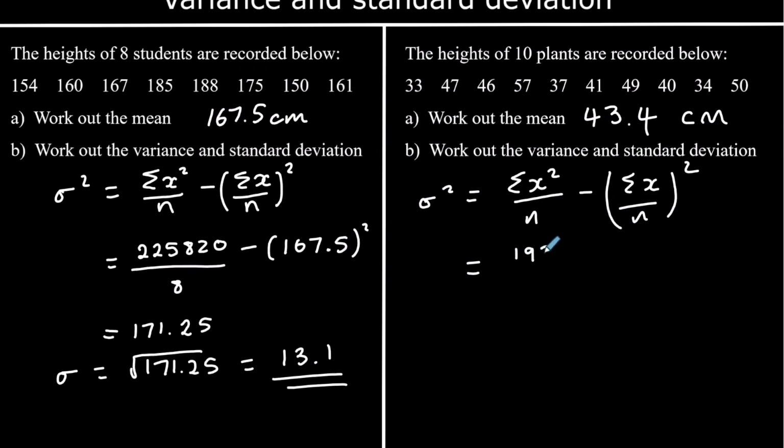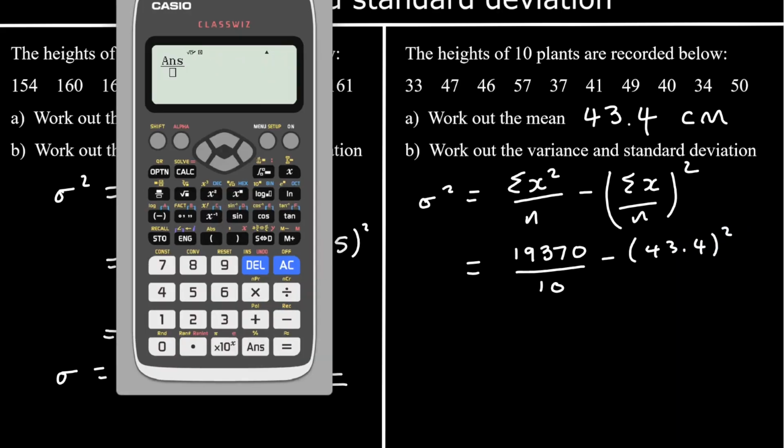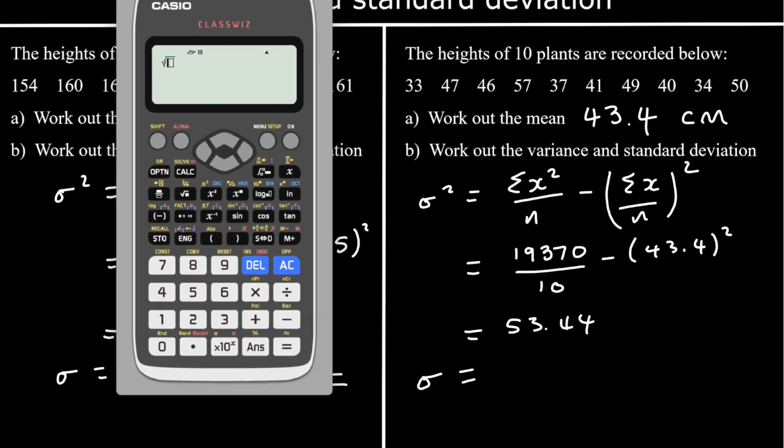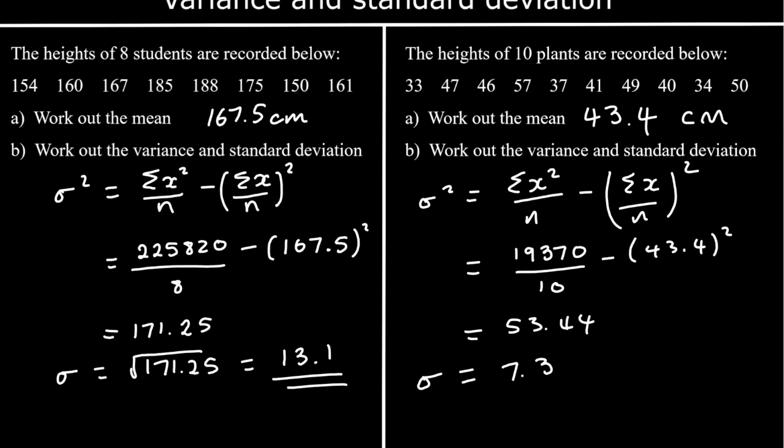We've got 19,370 over 10, take away 43.4 squared. And we get 53.44. The standard deviation is the square root of the variance, so 7.31 to 3 significant figures.